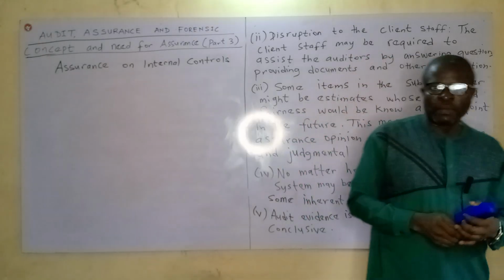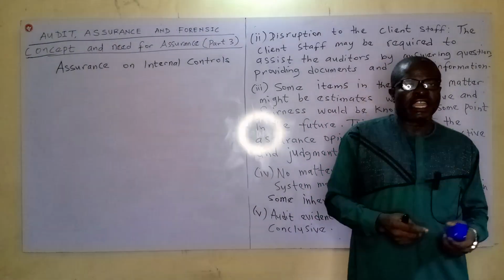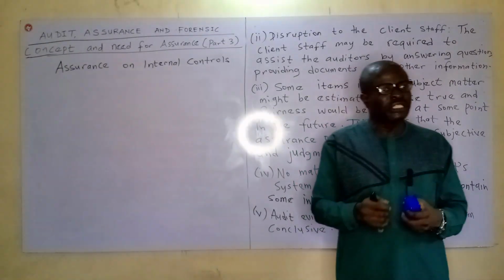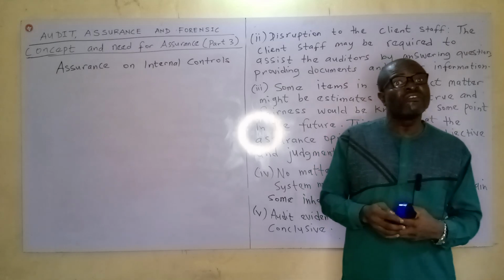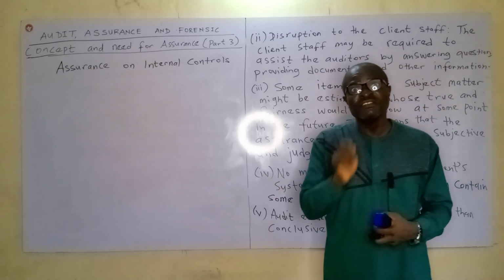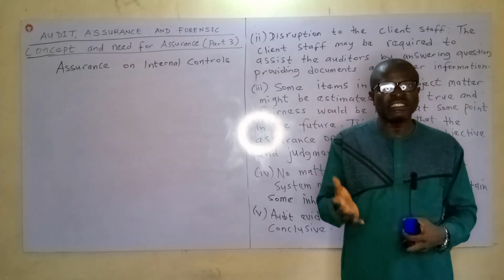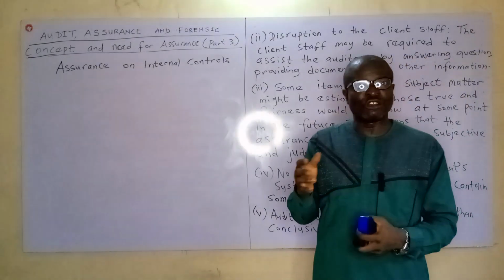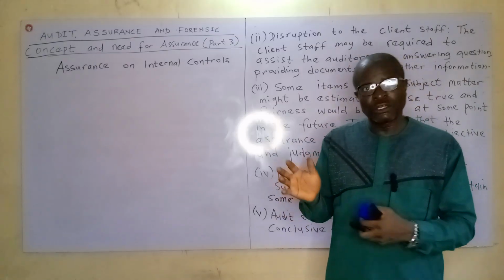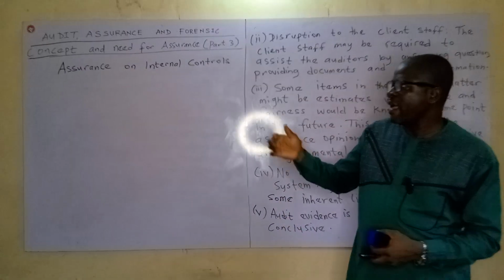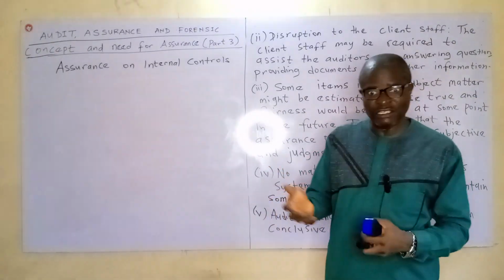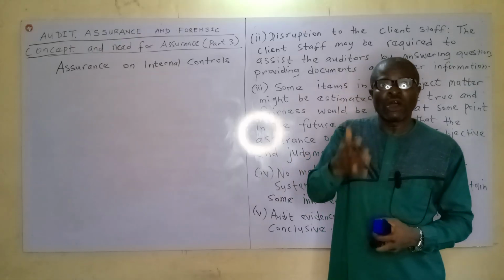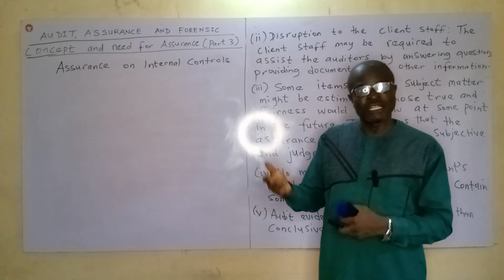The management of a company has some duties and responsibilities to perform, and one of those responsibilities is that it is the duty of management to quickly identify the risks that the company may be facing. Then they have to design and implement internal controls with which they will address those risks. So assurance providers or auditors, practitioners, offer a certain level of support to management in achieving those responsibilities.